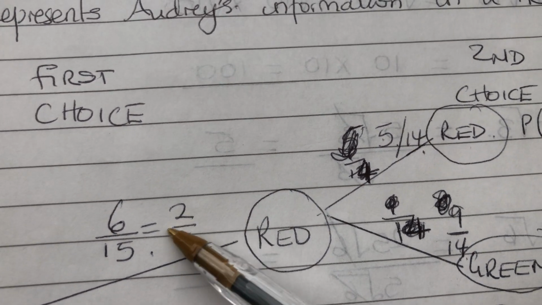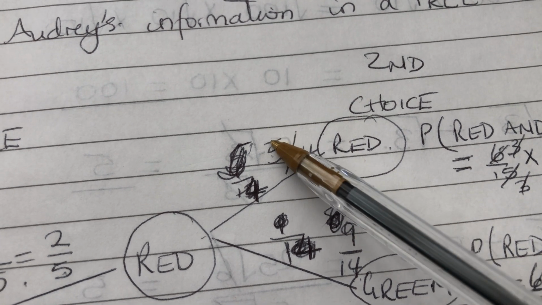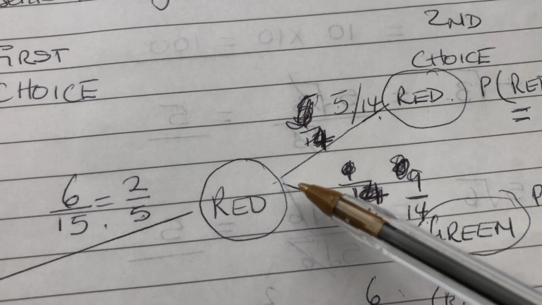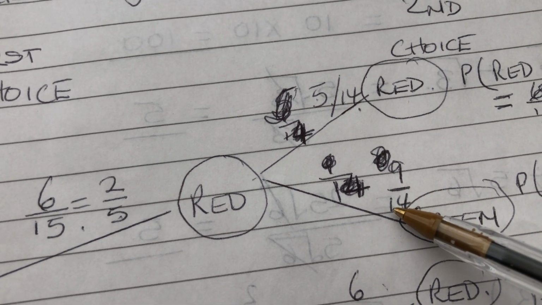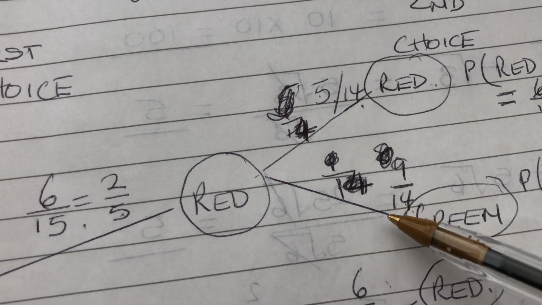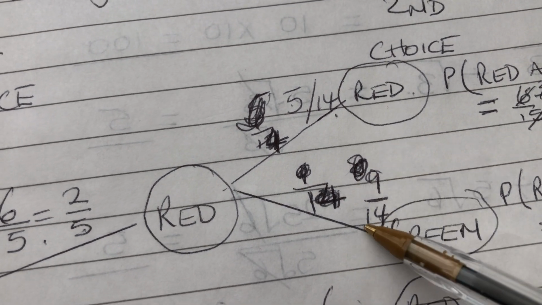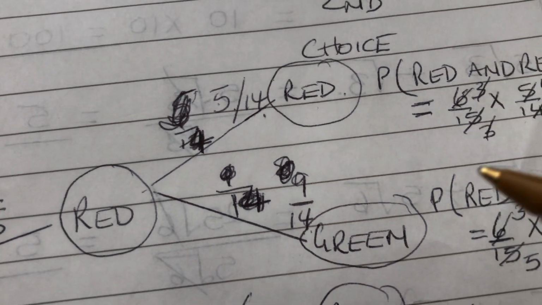If she picked a red, now there'll be 5 red. So the new probability will be 5 out of 14. If she picked red, there's still 9 green, total over 14 because she didn't replace.